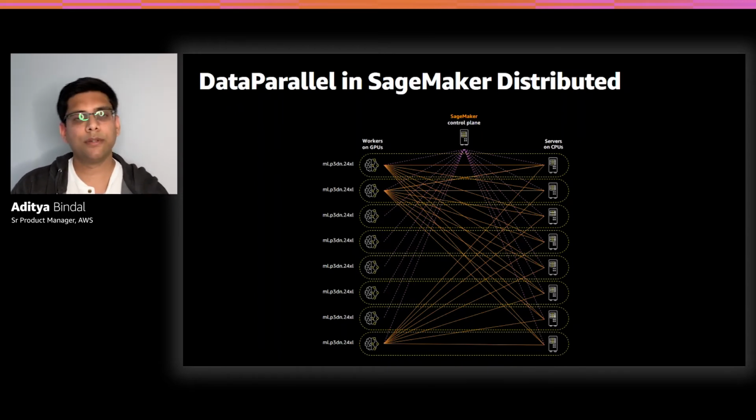Now, another benefit of offloading the all-reduce operation, or the gradient synchronization operation, from GPUs to CPUs is that we can now overlap the backward pass and the all-reduce step. So that reduces your overall step time even more and frees up GPU resources so you can improve GPU utilization through other means.